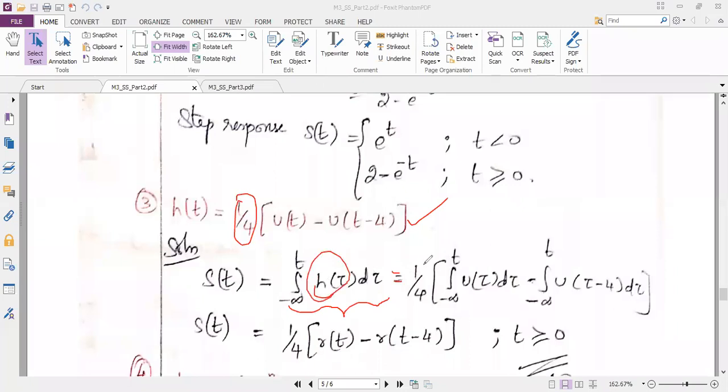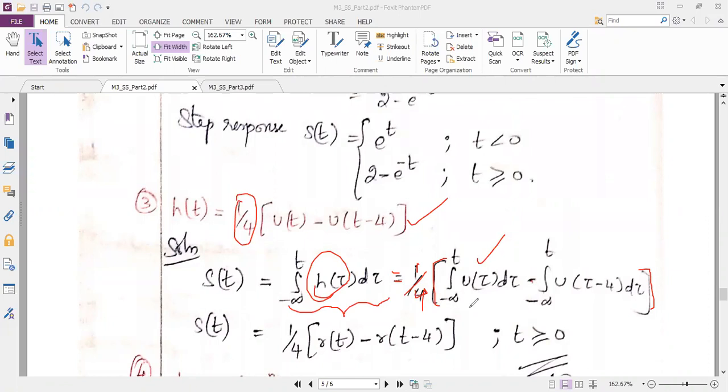So I have to substitute h of tau. h of tau is 1 by 4 of u of tau minus u of tau minus 4, so 1 by 4 I will move outside the integration. Within the bracket I can write the integral from minus infinity to t of u of tau minus the integral from minus infinity to t of u of tau minus 4 d tau.